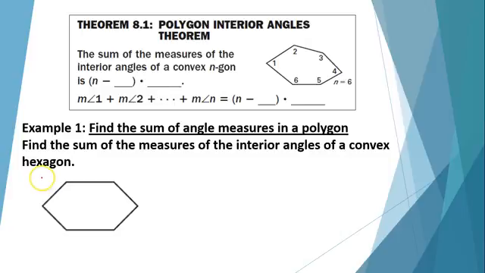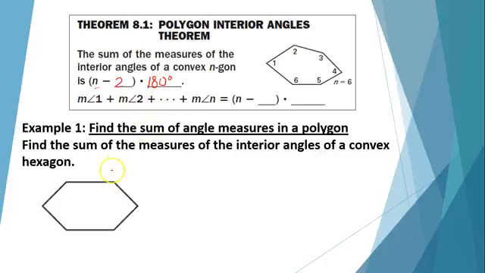Okay, so this is the theorem that is stated in your book. It's called the Polygon Interior Angles Theorem. It states the sum of the measures of the interior angles of a convex n-gon is n minus 2 times 180 degrees.